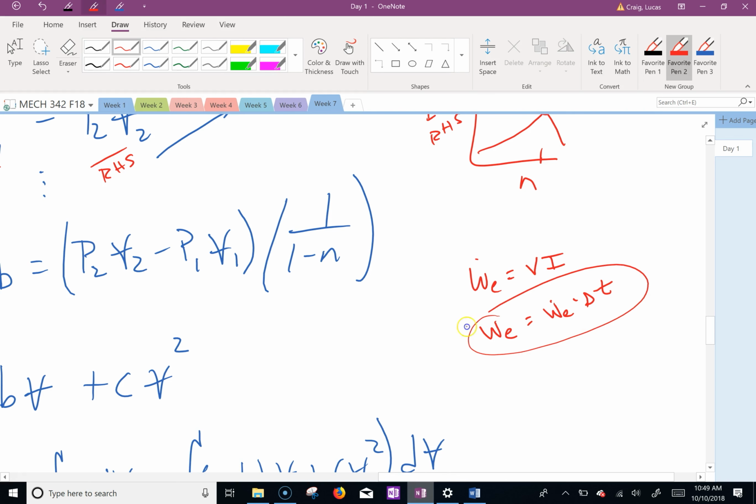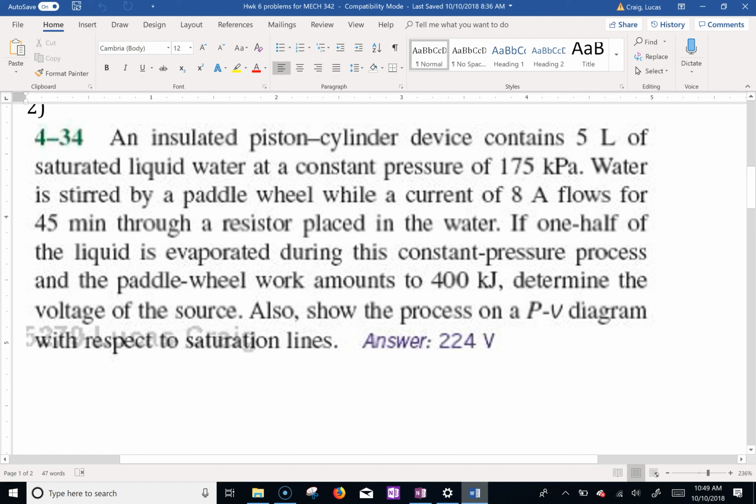So that has a unit of joule. What is the unit of the stirred? Kilojoules, which is joule. Okay. That's why they gave you the 45 minutes, because you have to multiply by time to figure out your actual work developed by that resistor.